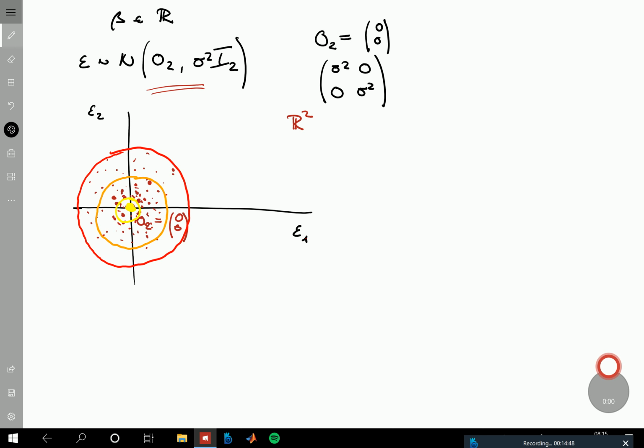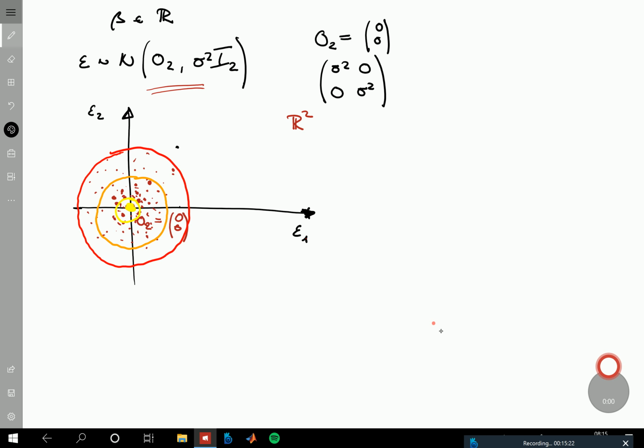Okay, so this is the error. It's distributed around 0 and there is no correlation. What does it actually mean that there is no correlation? Well, that means that if you sample something large in epsilon 1, for example this, then it's equally probable to sample something large or small in epsilon 2.